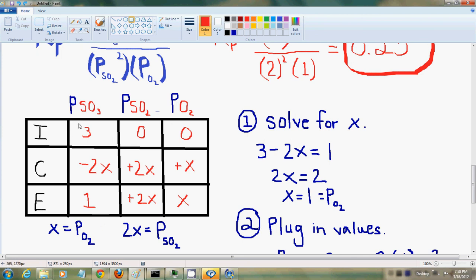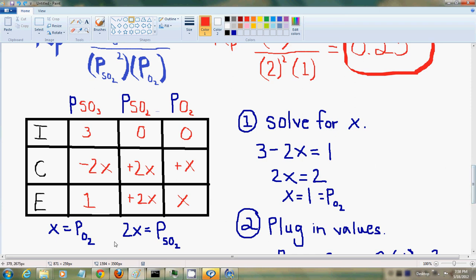Well, you are correct. So let's do this. Step 1, solve for x. So, we can say 3 minus 2x equals 1. And if you do this simple math, which I hope you are able to do, you should get that x equals 1, and since we said before that x equals the partial pressure of oxygen, we can say the partial pressure of oxygen is 1 atm.